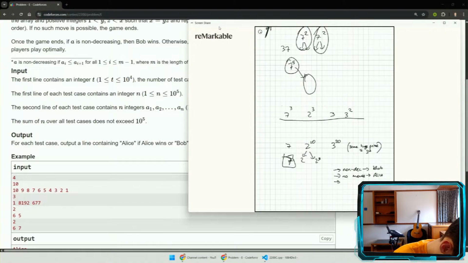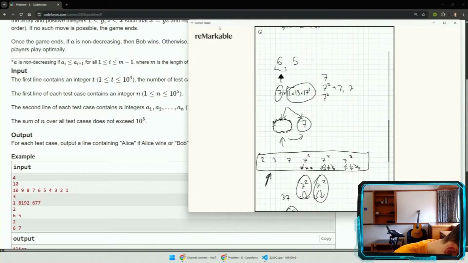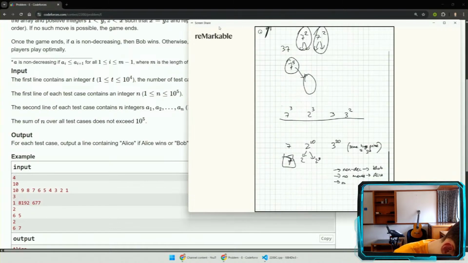If there are moves left, then we check if there is a number with more than one prime factor, then Alice just wins.